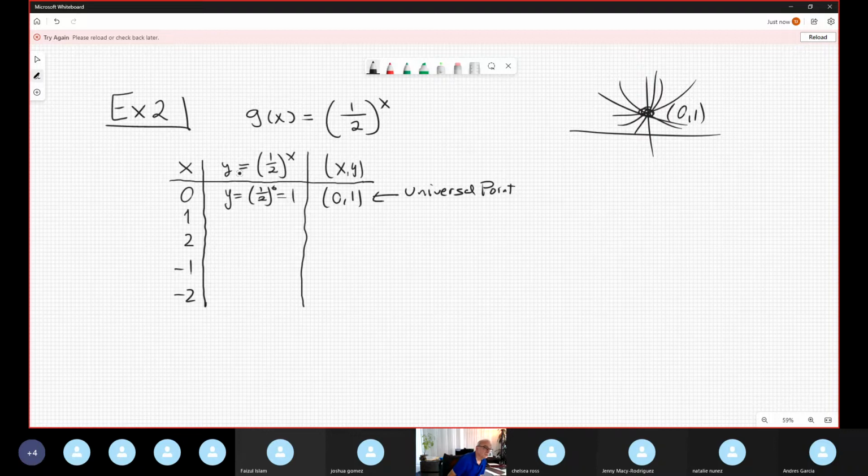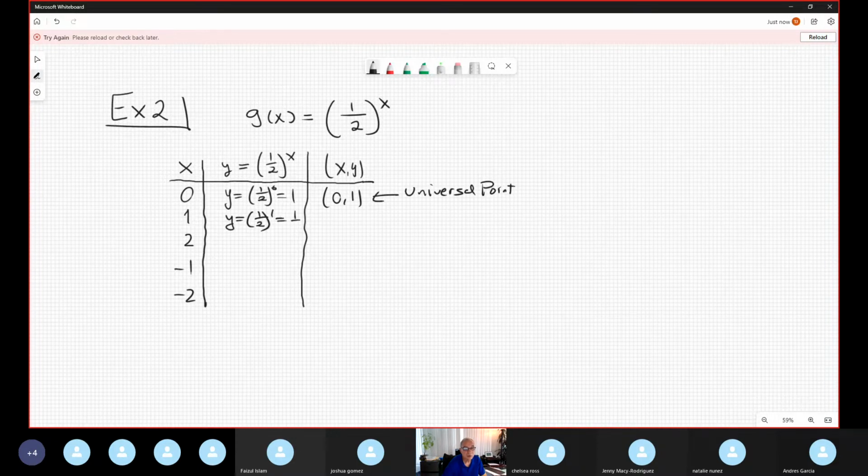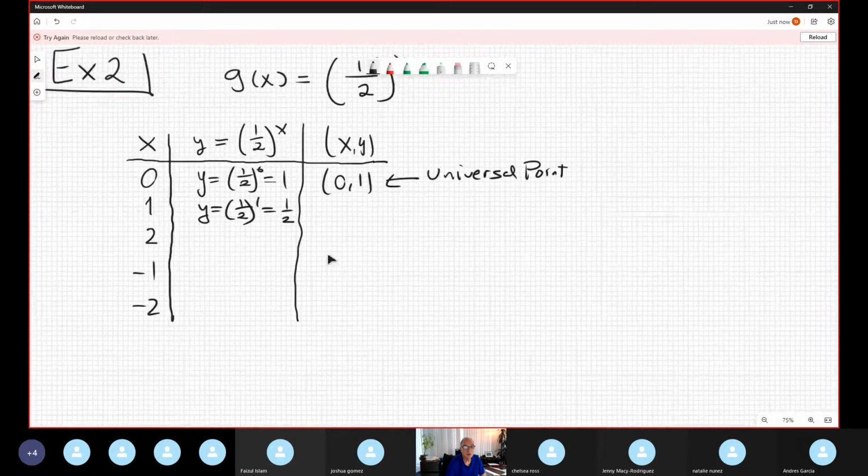Any exponential function is a family of exponential functions, maybe decay or growth, but passing through the famous universal point 0, 1. 0, 1 is universal, and by the way, it's the y-intercept. And for 1, y equals 1/2 raised to the 1 power, which is just 1/2. So the point is 1, 1/2.